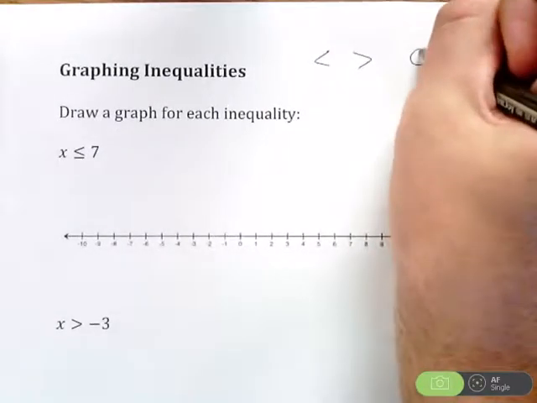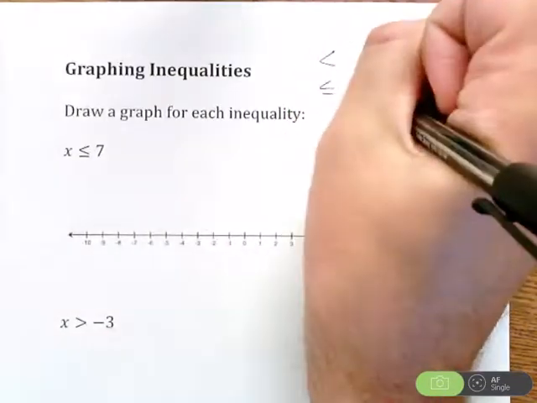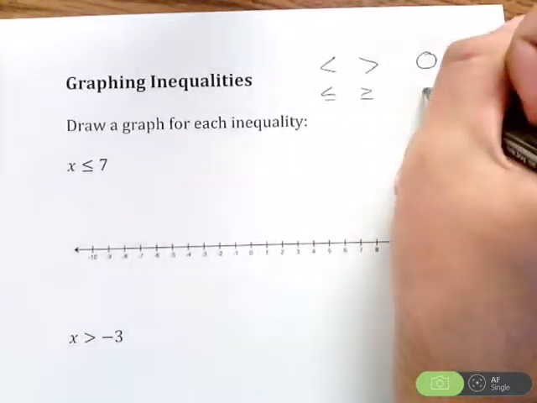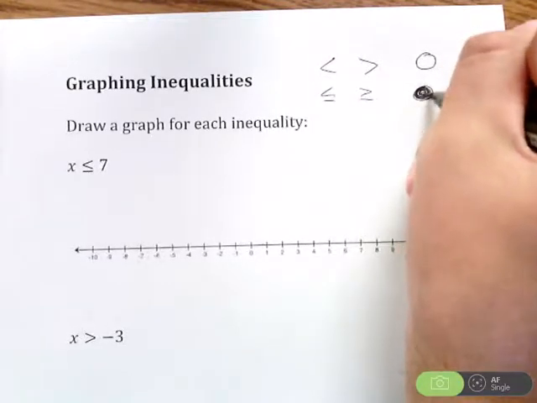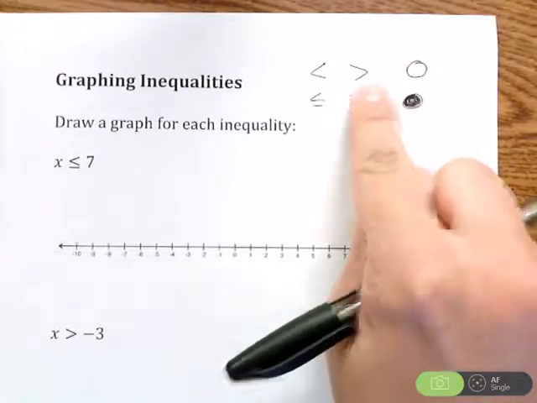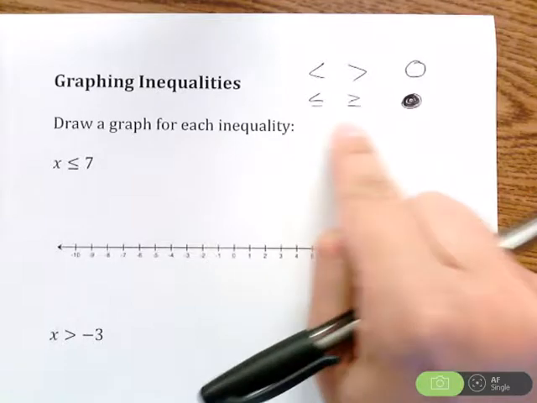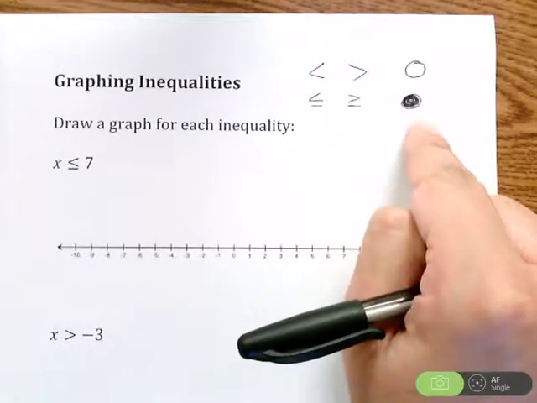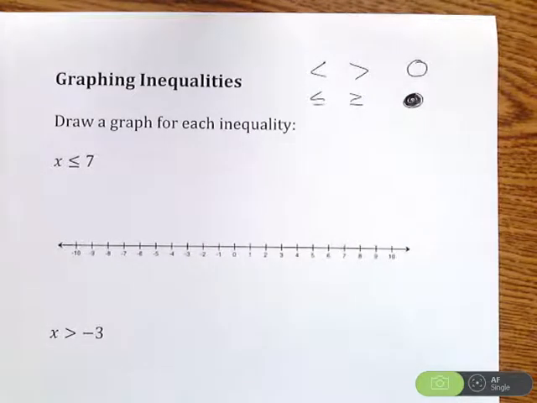If we have a less than or equal to or a greater than or equal to, we're going to use filled in or shaded in circles like that. So less than or greater than, not equal to, open circle. If we have the equal to included, then filled in circle. Then we're going to have to do some testing to figure out which way this is going to be shaded.